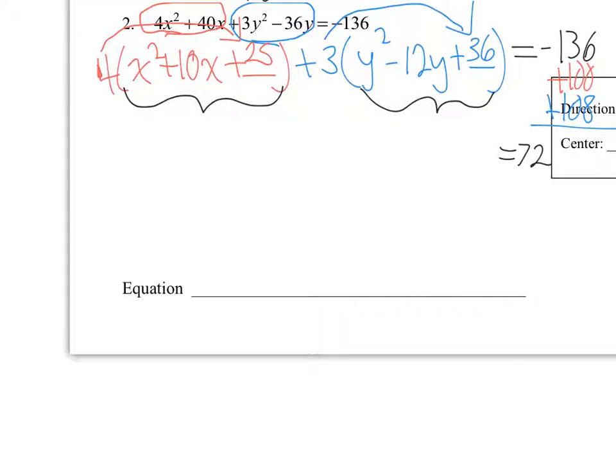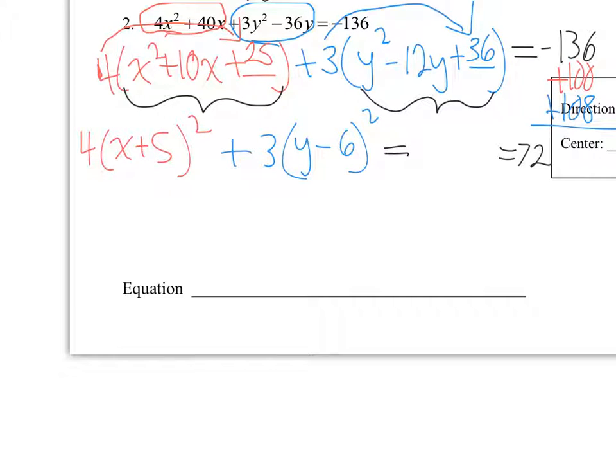If we factor those, the 4 is going to be out in the front, so that's 4 parentheses squared. This is going to be x plus 5 squared plus 3 parentheses squared, y minus 6 squared. And then it's set equal to 72.